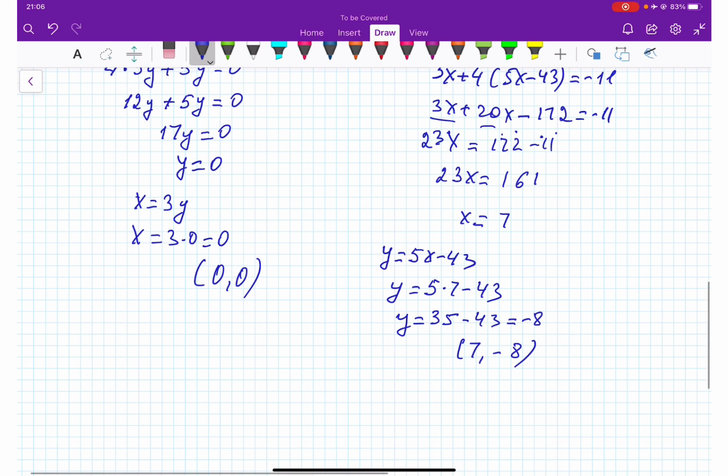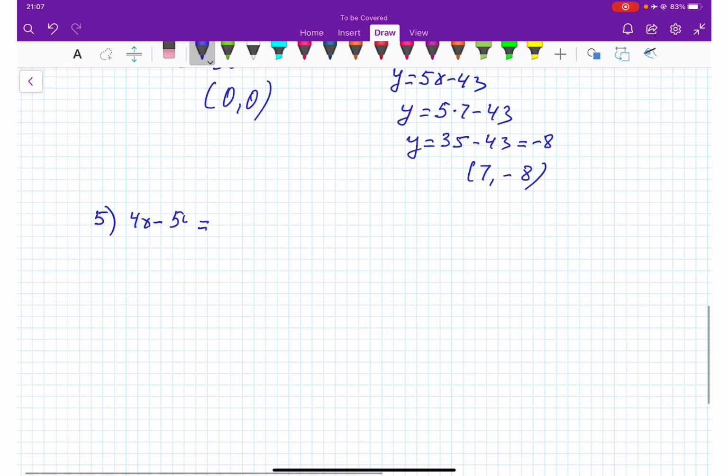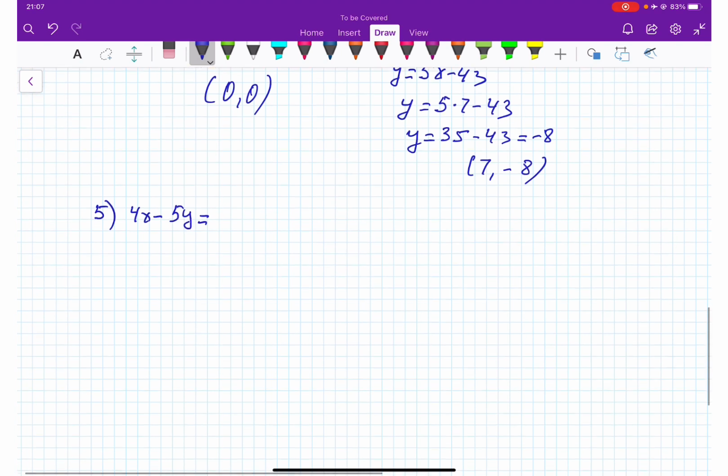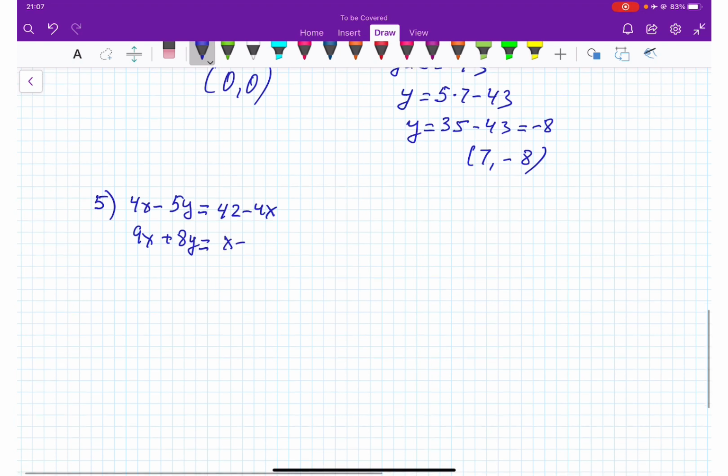Question number 5. We have 4x minus 6y is equal to 5y minus 42... that is, 4x minus 6y equals 5y, and 42 minus 4x is on the other side. Then 9x plus 8y is equal to x plus 7y plus 78.